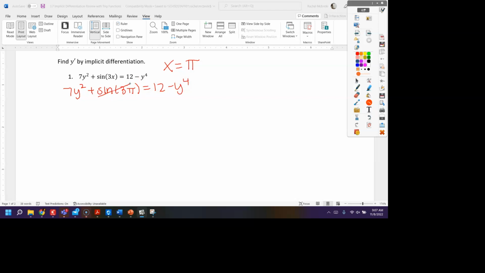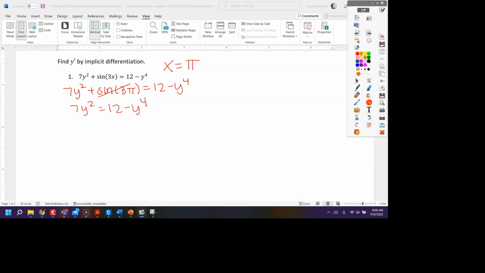Sine of pi is the same as sine of 3 pi, the unit circle value, so sine of pi is straight, zero. So you have 7y squared equals 12 minus y to the 4th.